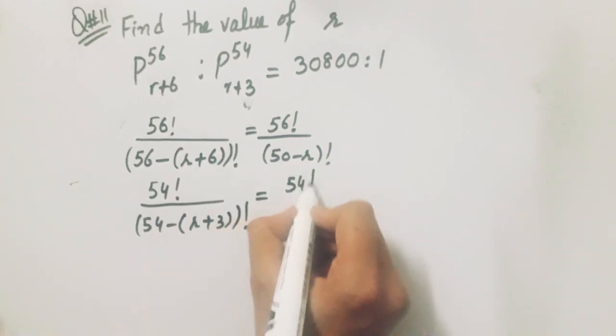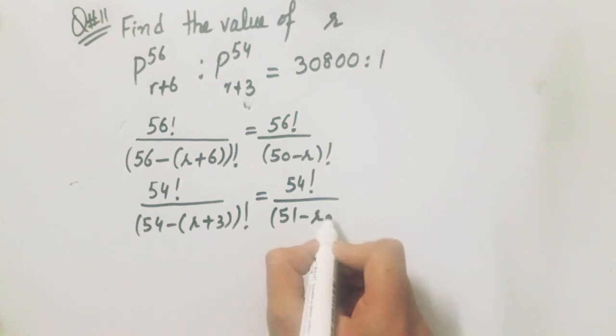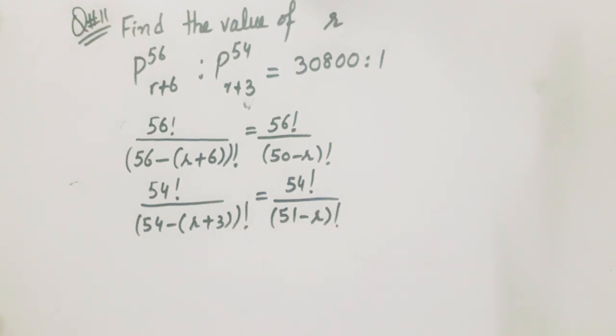So this is 54 factorial over (51 minus r) factorial.